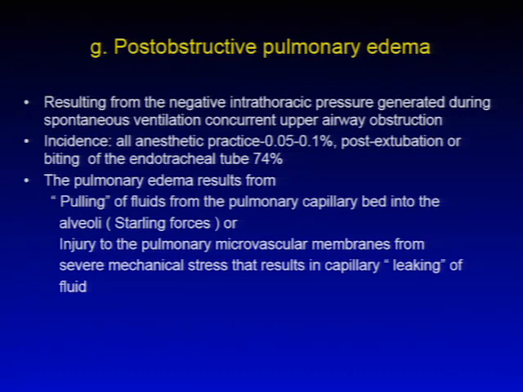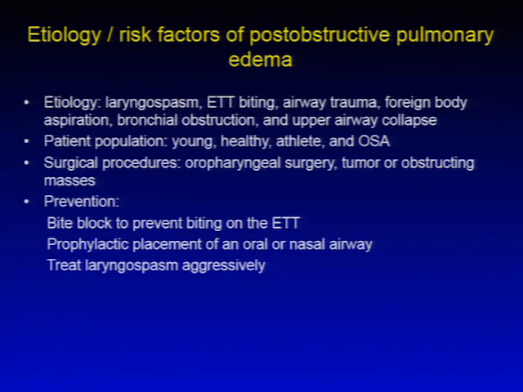The pulmonary edema results from pooling of fluid from the pulmonary capillary bed into the alveoli, or injury to the pulmonary microvascular membranes from severe mechanical stress that results in capillary leak of fluid. Etiology includes laryngeal spasm, tube biting, airway trauma, foreign body aspiration, bronchial obstruction, and upper airway collapse.